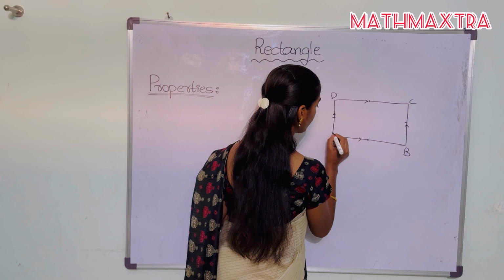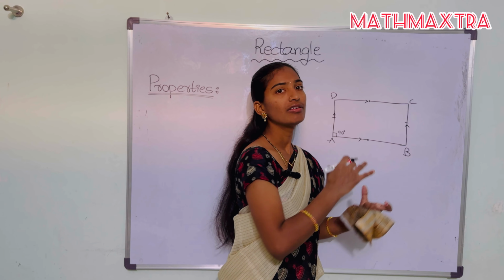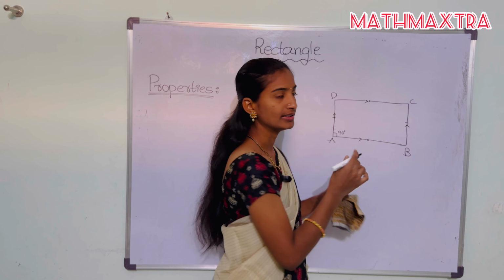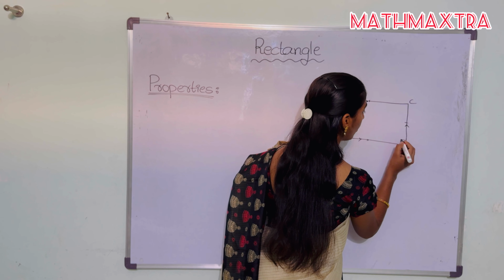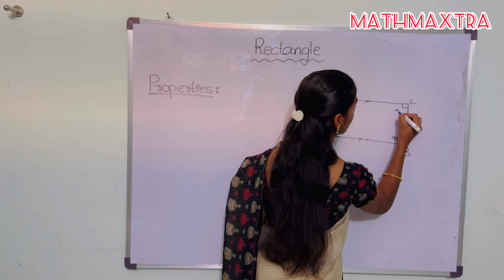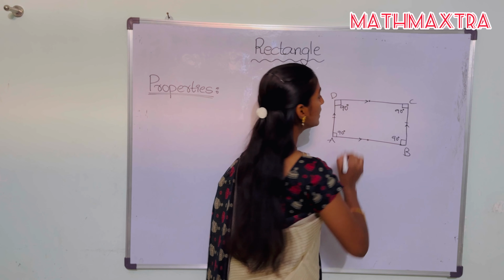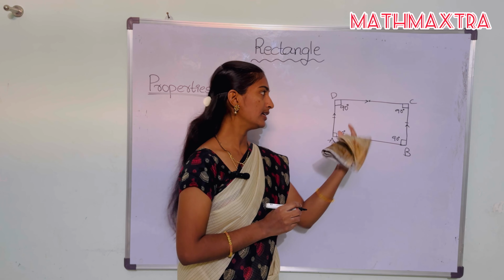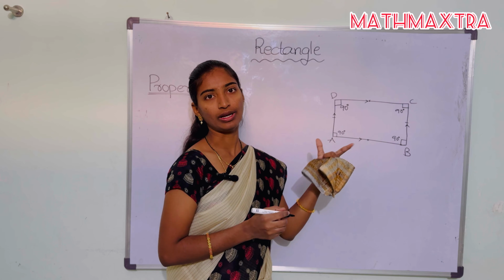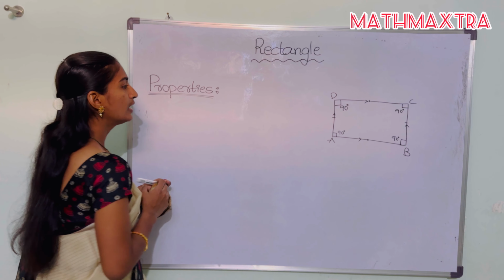In a rectangle, all the angles are 90 degrees. If you make one angle 90 degrees, automatically the other angles become 90 degrees. So all angles are equal and each measures 90 degrees, and the opposite sides are equal. This is the first property of a rectangle.